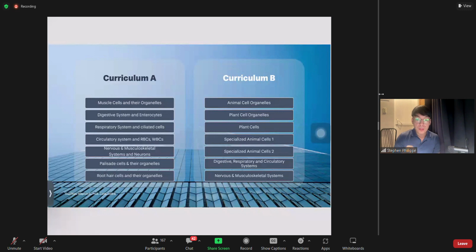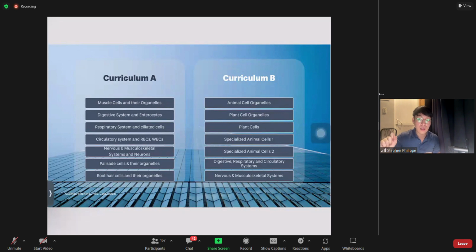So in the curriculum, this is the most traditional one. We start with the animal cell, the plant cell, and then specialized animal cells, and then we go to the systems. On curriculum A, as I said earlier, we discuss the phenotypes versus the molecular entities in a yo-yo approach.